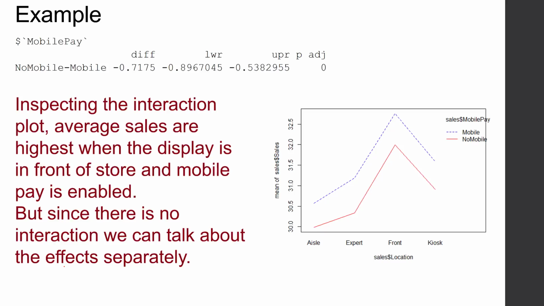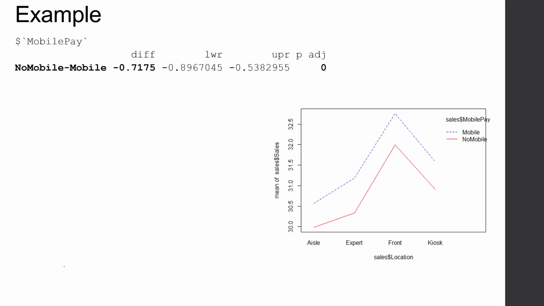Even though it's statistically significant, maybe the profit margin is just not there for it. So it's nice when we don't have an interaction, we can talk about these effects separately, and we can tease out exactly how much we're getting by offering mobile pay and how much we're getting by putting it in the front of the store. So let's first look at the comparison of mobile to no mobile.